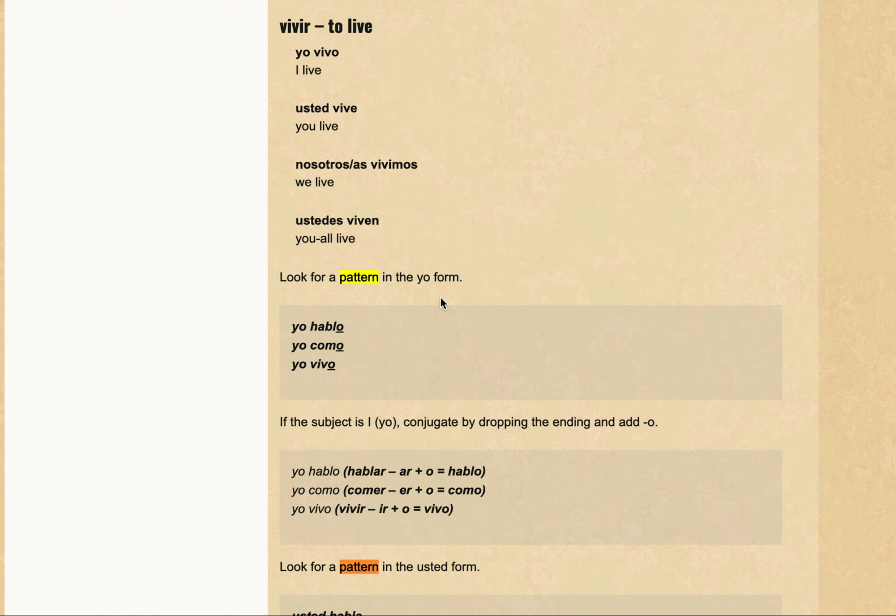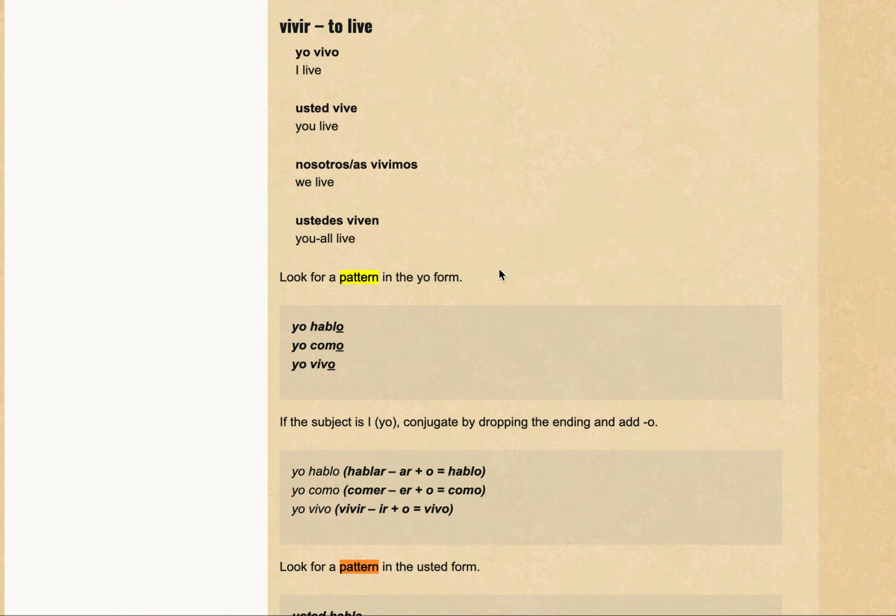And the way to remember it would be because yo ends with an o, so you can probably use that as a reference in terms of remembering what letter to add.